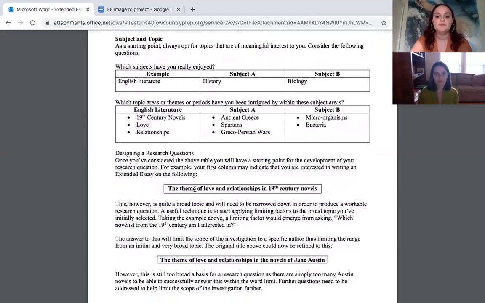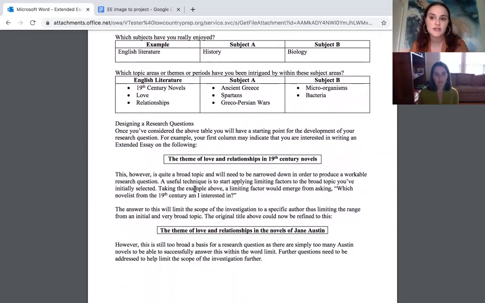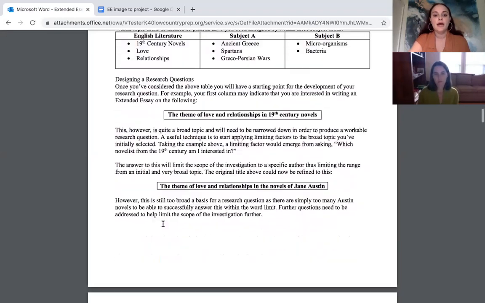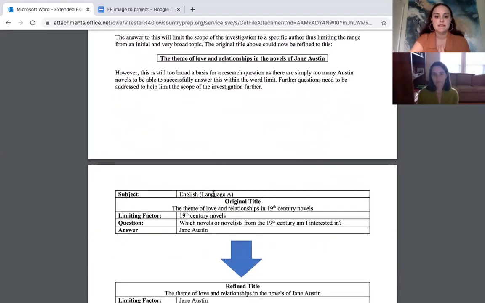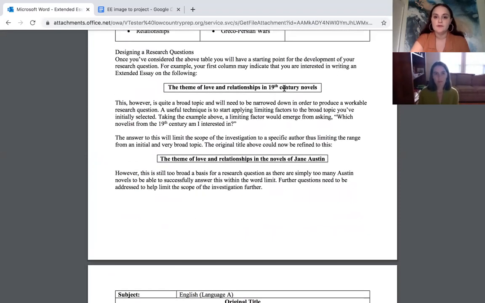novels. So then you're going to try to figure out what are the limiting factors of what you've come up with. And limiting factors are basically things that are too general. What is going to limit your paper from being specific? So when you go down here to this, you realize that 19th century novels is really general.